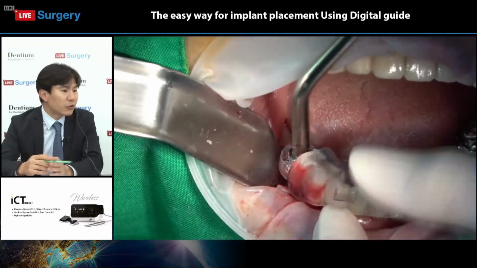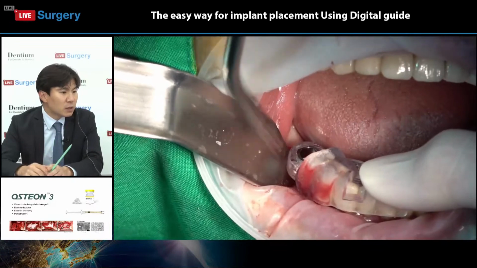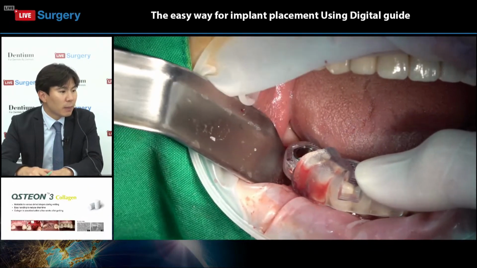He is gradually increasing the height and width of the drill.